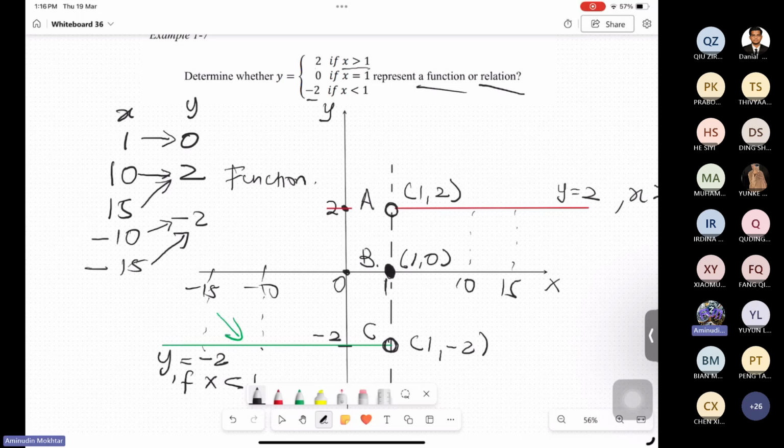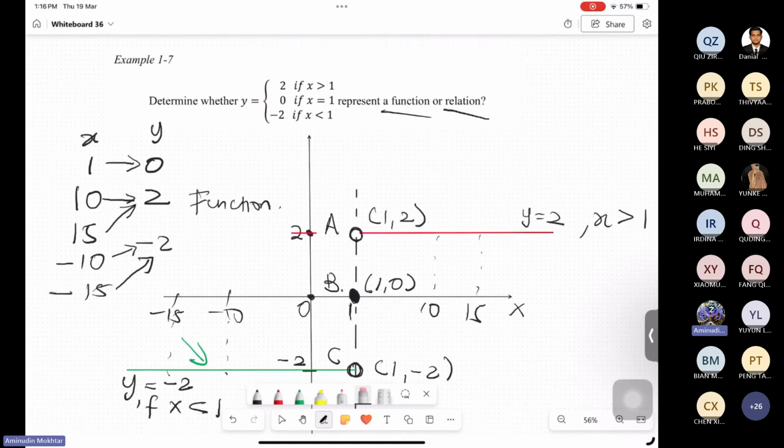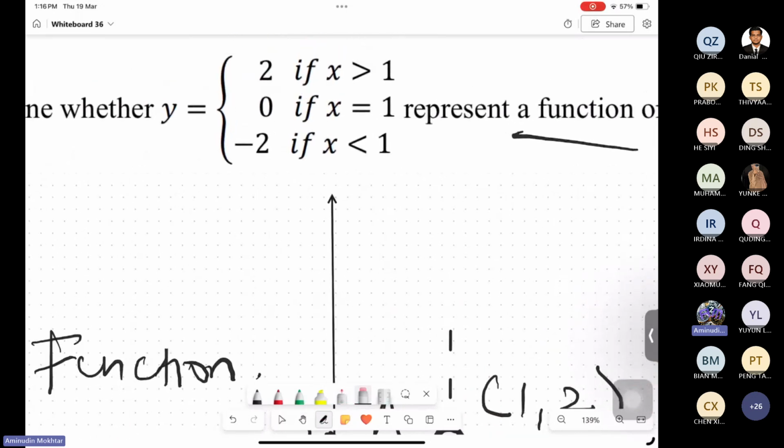Okay, if I change this equation, just for example, let's say I add this one. y equals 2 if x is greater than or equal to 1.